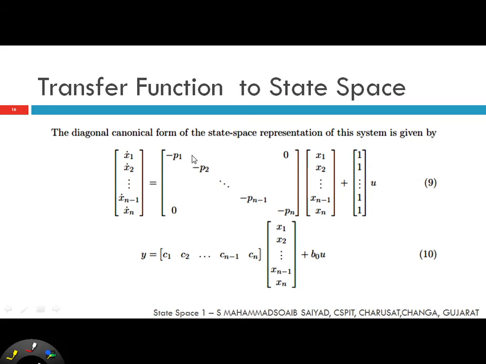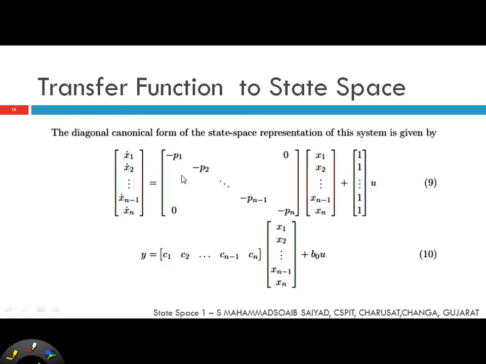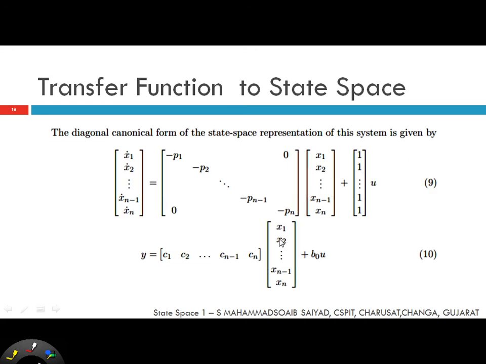The rest of the components will be 0, and we will have c1, c2, up to cn. For writing the equation in diagonal canonical form, you have to take the help of partial fractions. With the partial fraction coefficients you will get c1 c2 up to cn. These coefficients will be present over here, and p1 p2 will be available over here.